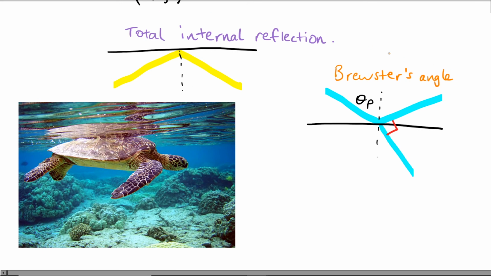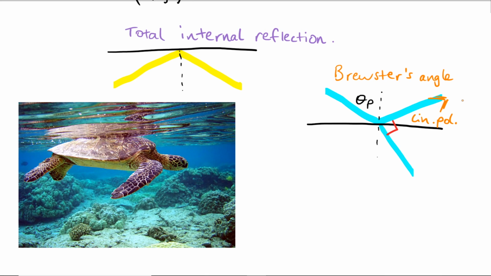But that's not all. The light that's reflected off of this boundary will be linearly polarized. So that is one way to create this polarization phenomenon that we talked about in our last video. So that was just an interesting phenomenon that I thought might be worth talking about.